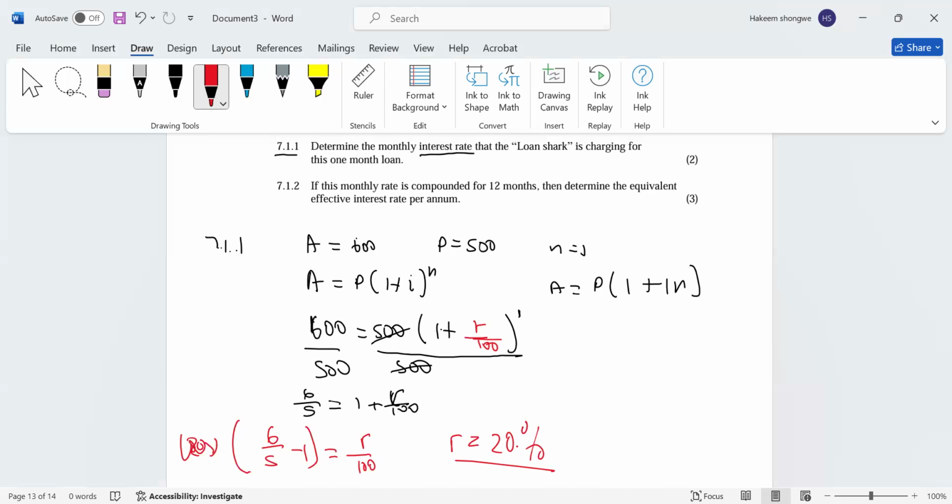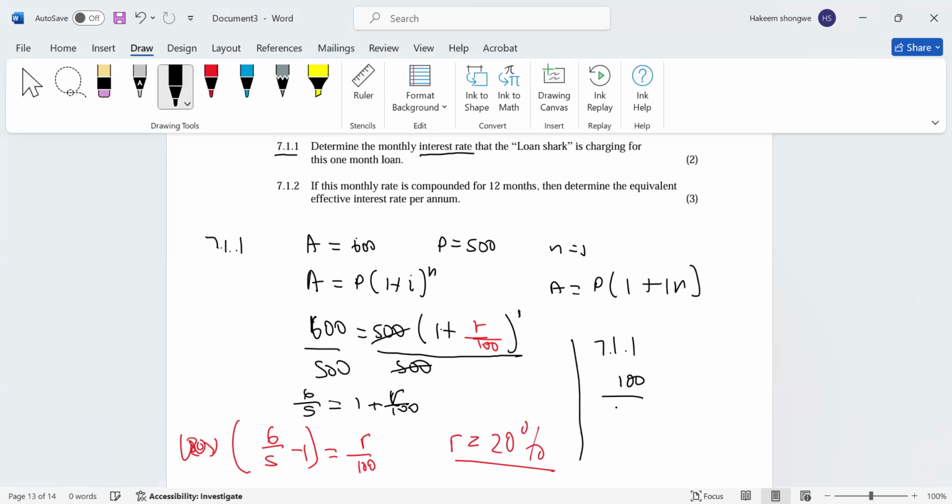Is there a simpler way in which it could have been done? We could have said: the money increased from 500 to 600, so how much was the increase? It was 100 rand. So 100 rand out of the 500 rand.